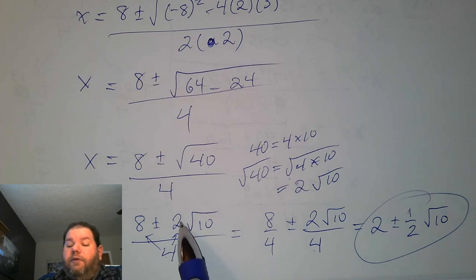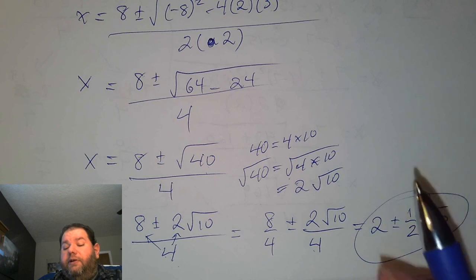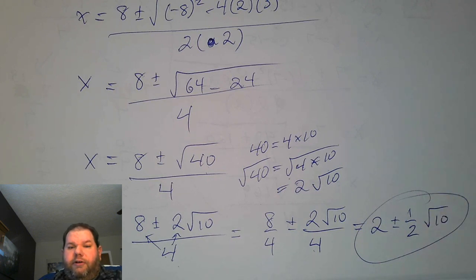Now, if this is a multiple of 4, we just divide 4 into both parts. It's great. Otherwise, we do have to create a situation here where it's either a decimal or a fraction. So we just go from there.